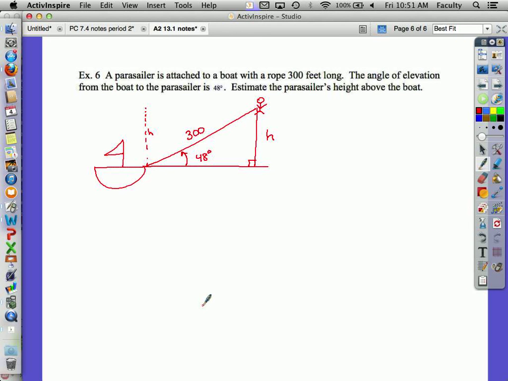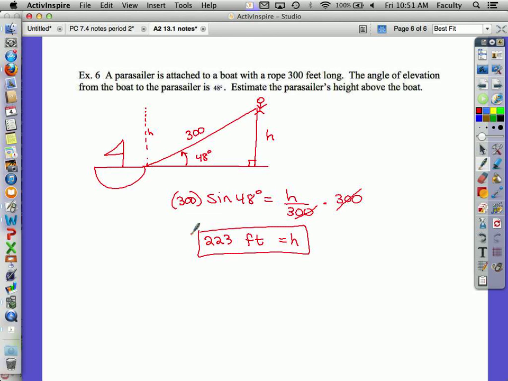What trig function is that? Sine. So we're going to do the sine of 48 degrees equals h over 300. And so then you will multiply both sides of this equation by 300. So I rounded to the nearest whole number. Again, with word problems, make sure you're including the units.